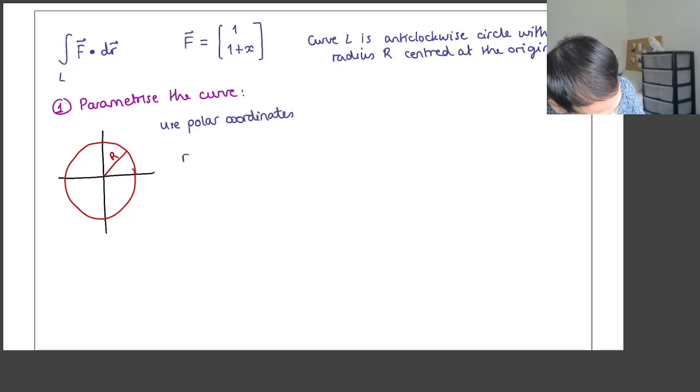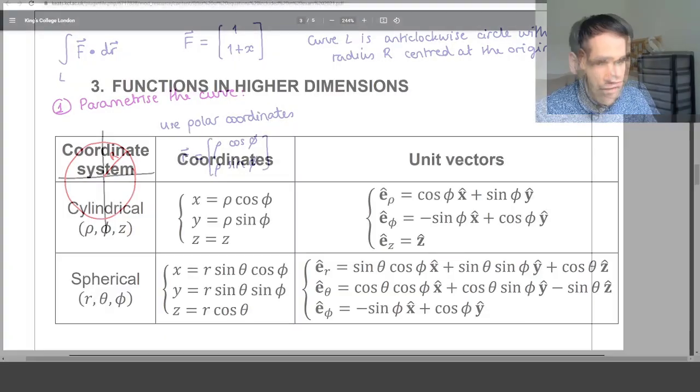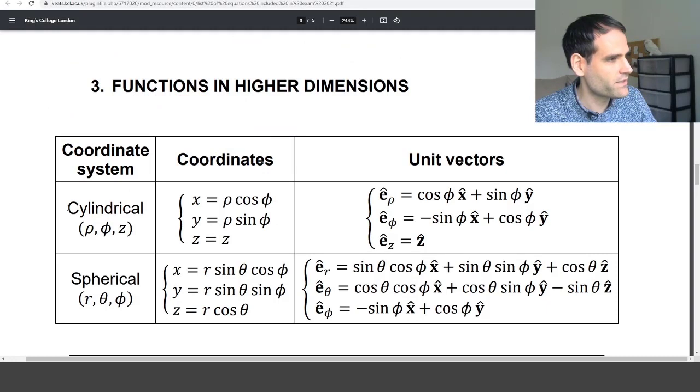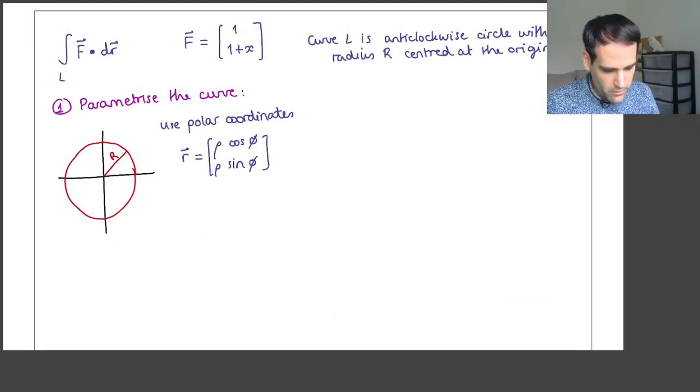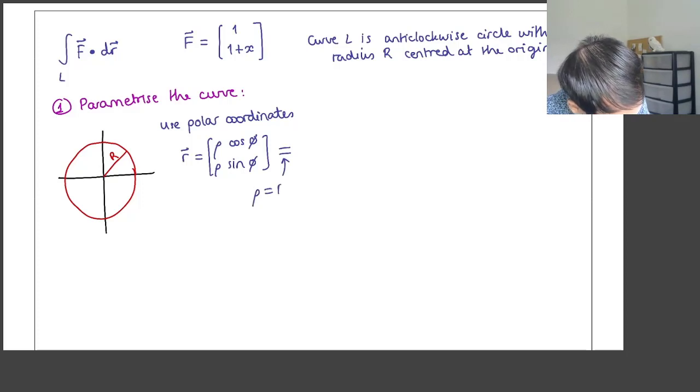Polar coordinates are written like this, which you can look up, as always, in the list of equations by looking at cylindrical coordinates and substituting z equals 0. So to describe a circle, you can fix the radius rho equal to r and use phi as your parameter.